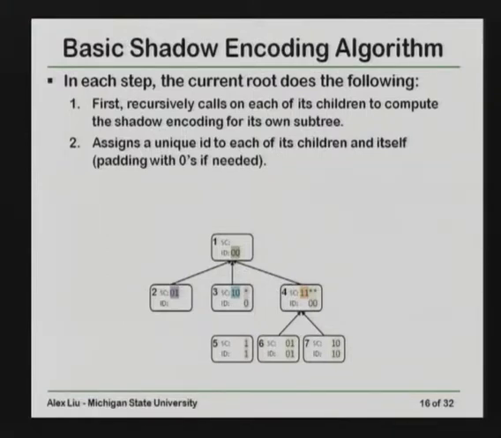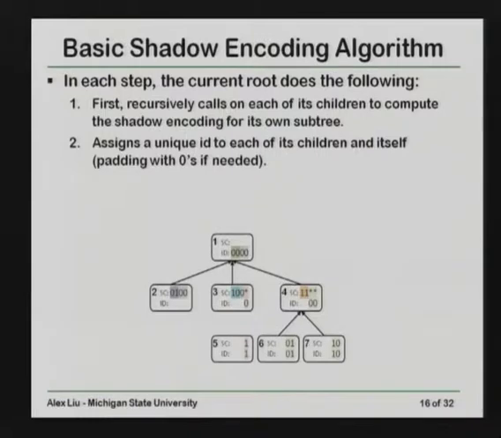With four nodes, you can use two bits: we assign state 1 the ID 00, state 2 is 01, state 3 is 10, and state 4 is 11.